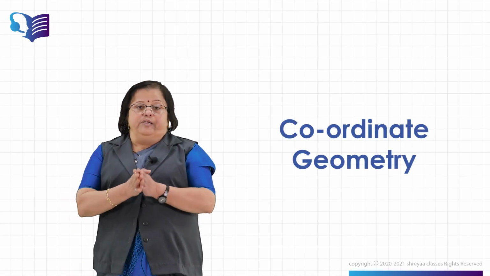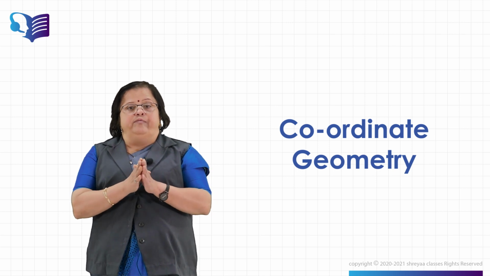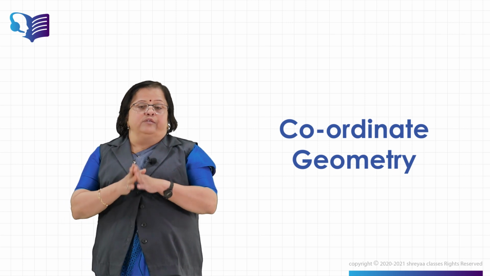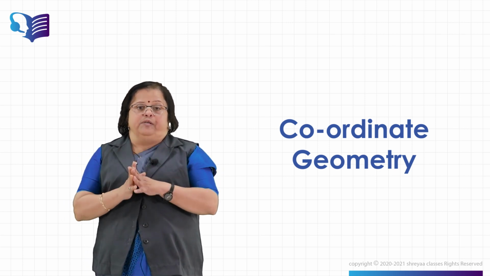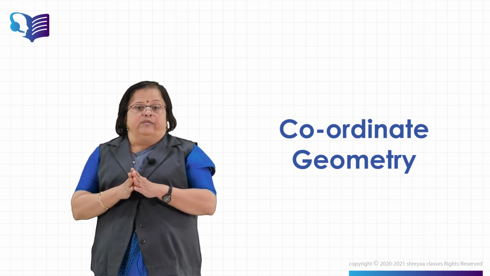So, in the beginning only, I have told you that this is a very, very easy chapter in our book. You can score good marks for this chapter in your board exam. But there is a big but.